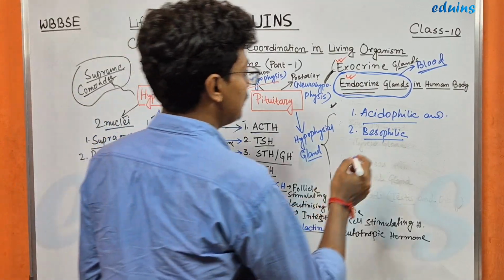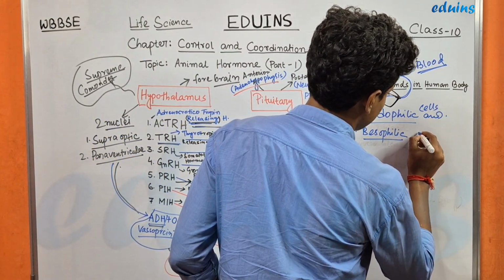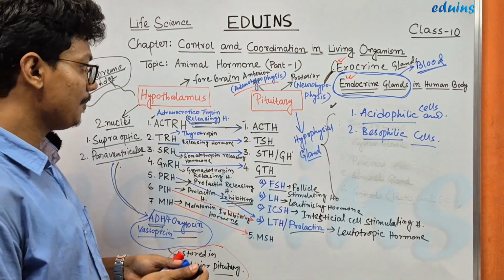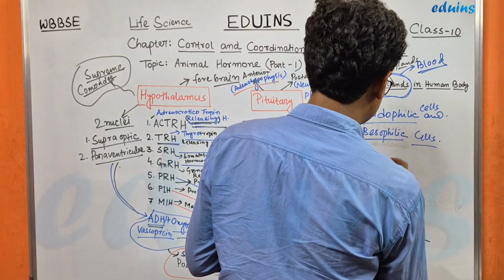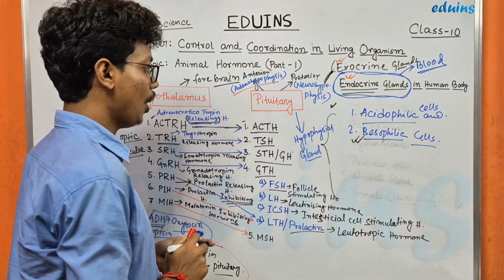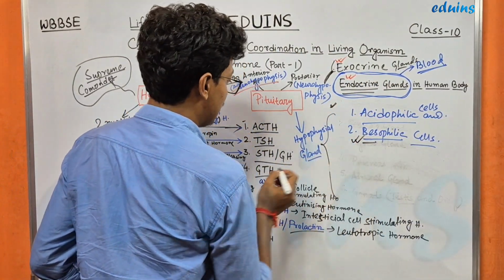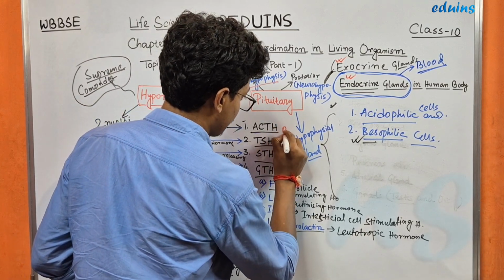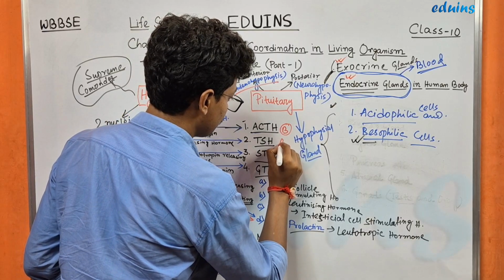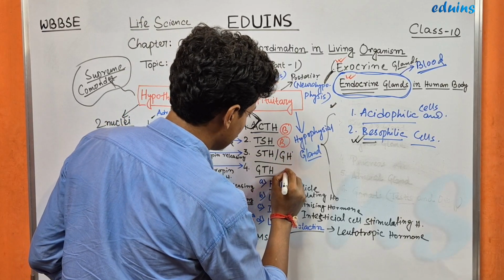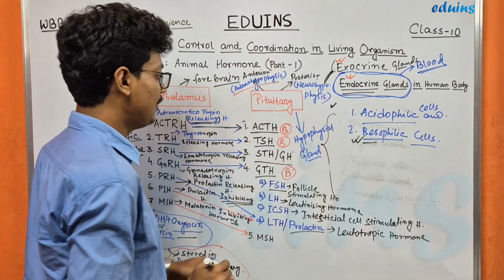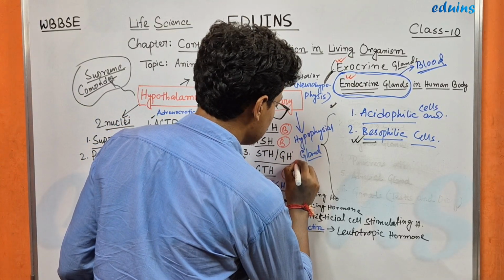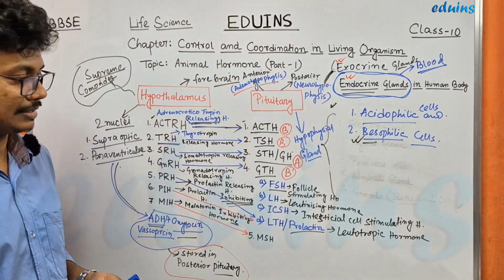Sorry, the basophilic cells are majorly releasing the hormones. The basophilic cells release the ACTH, TSH and GTH, and only the growth hormone or STH, that is somatotropic hormone, is released by the acidophilic cells.